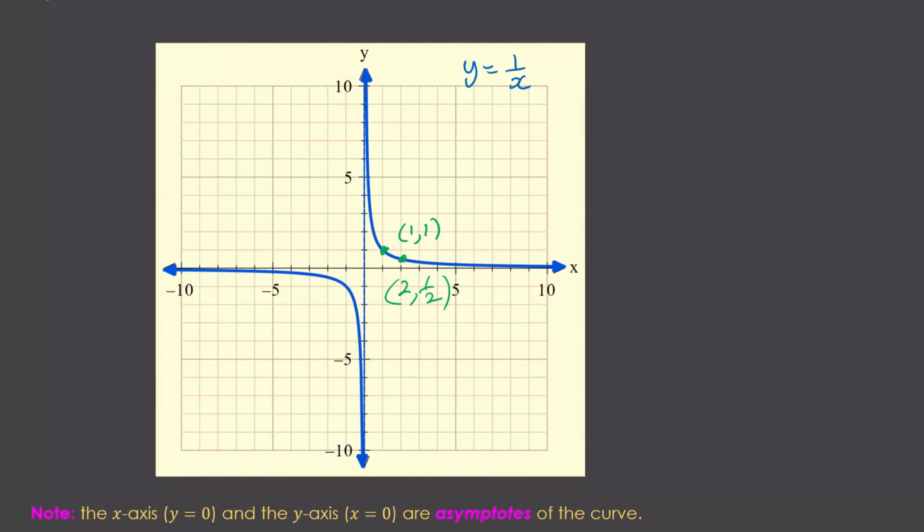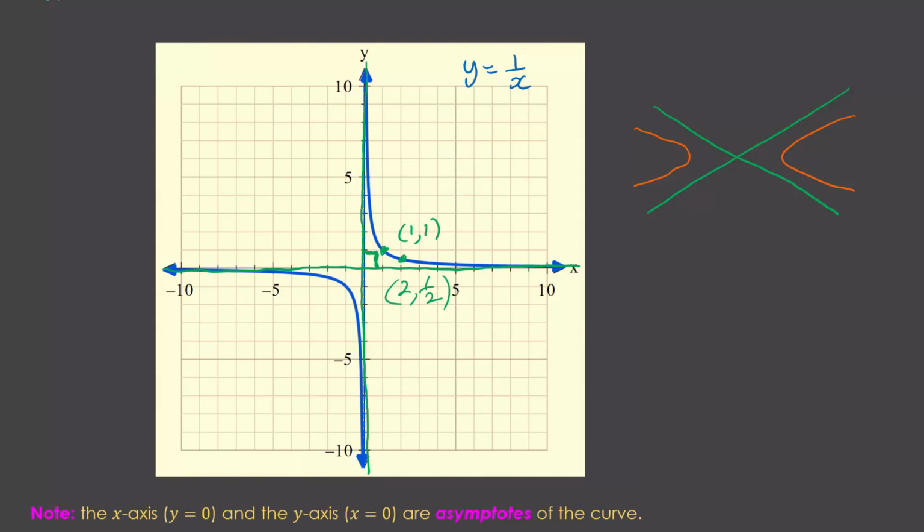The reason this type of hyperbola is called rectangular is because in this particular case we can see the y-axis and the x-axis are both asymptotes of the curve and they meet at right angles. So it's called a rectangular hyperbola. You can get other types of hyperbolas that fit into shapes like this.